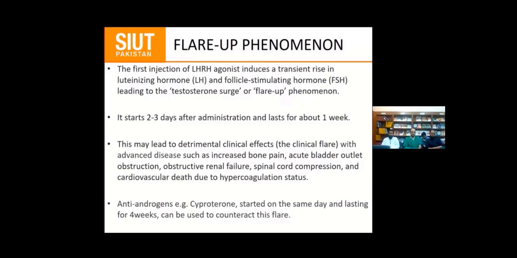This mainly leads to detrimental clinical effects in advanced disease, including increased bone pain, acute bladder outlet obstruction, obstructive renal failure, spinal cord compression, and cardiovascular death due to hypercoagulable status.